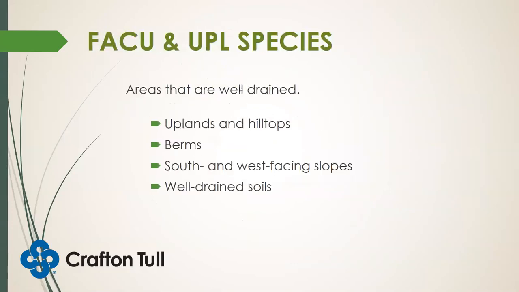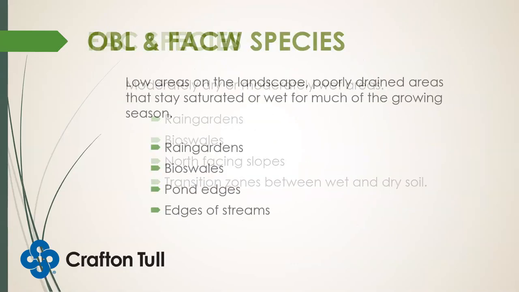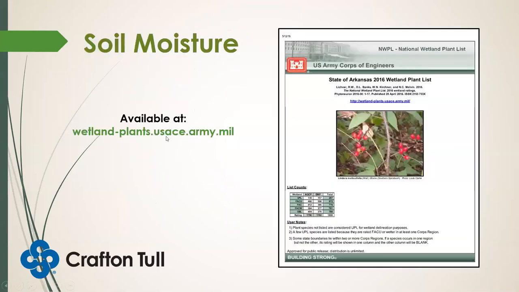However, if you want to go to, and I have the website right here, wetland-plants.usace.army.mil, you can download the list by region, and it'll include the wetland indicator status for every plant that they think is in that region.